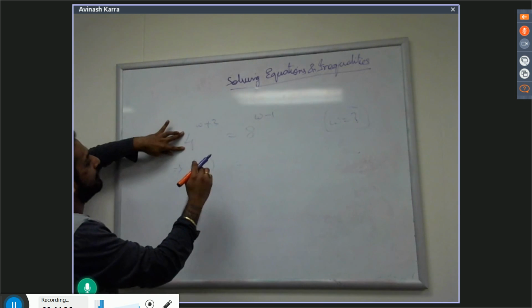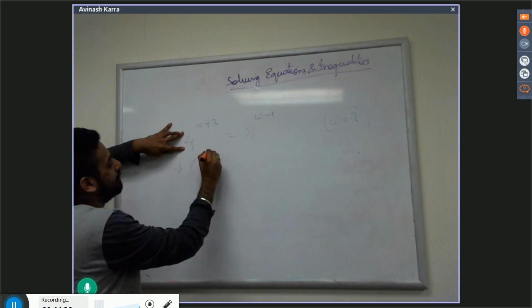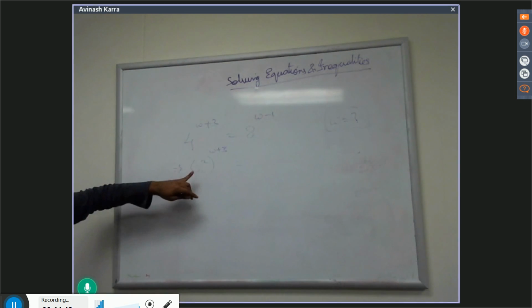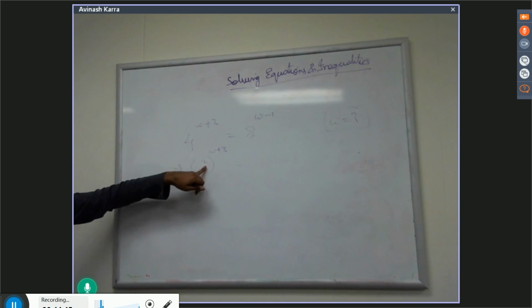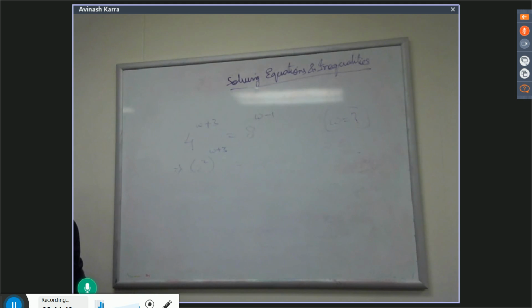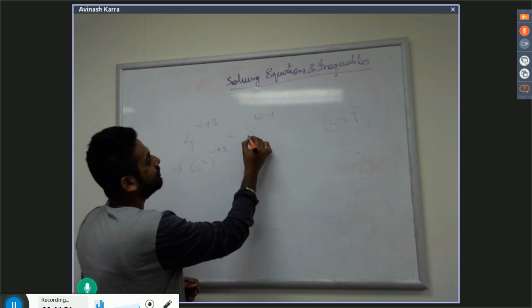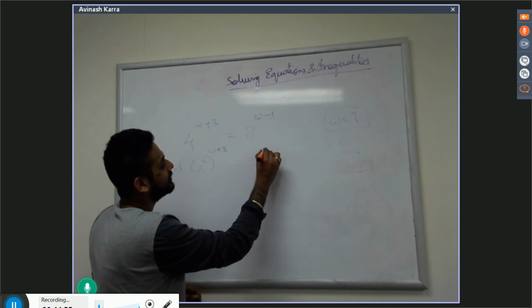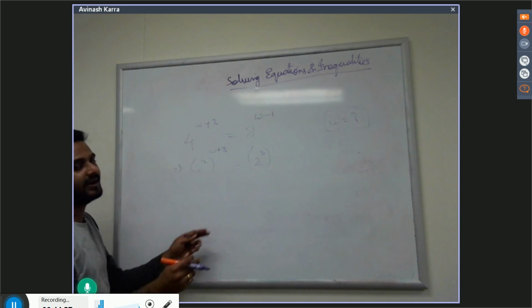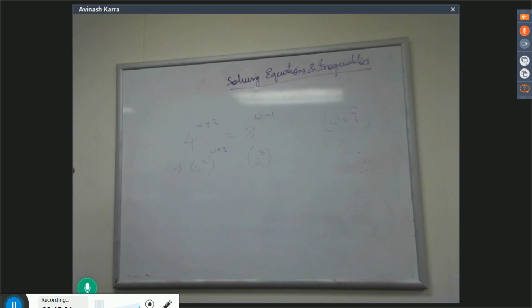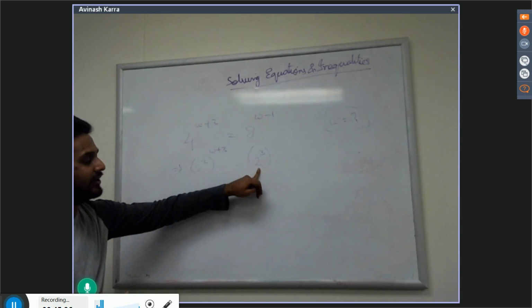And what is the power over here? W plus 3, right? So can I write 4 as 2 to the power of 2, to the power of w plus 3? Yes. And also 8 as 2 to the power of 3, since 2 into 2 into 2 is 8.